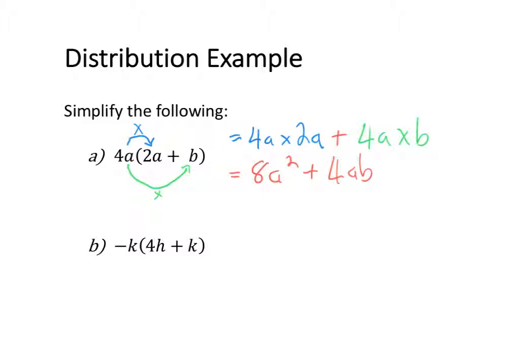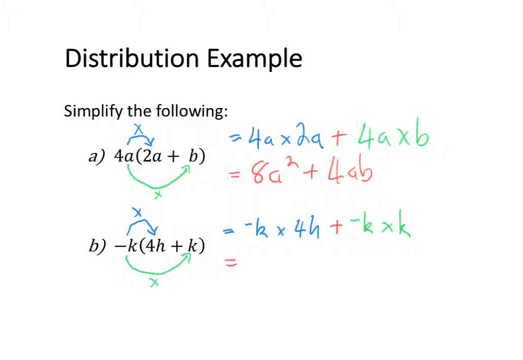So having a look at b, I want to distribute negative k into 4h plus k inside the bracket. So the first step is to multiply my negative k by the first term inside the bracket. So that is going to equal negative k times 4h, and plus negative k times my second term. So negative k times k, and then that can be simplified.